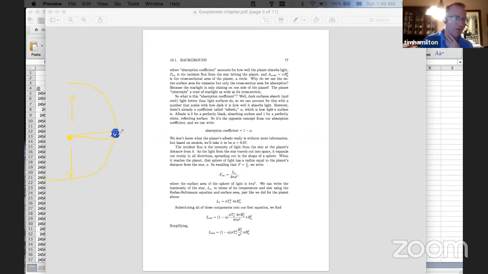We divide the cross-sectional area of the planet by the surface area of this giant sphere, and that's the fraction of the starlight which reaches the planet. Okay, I'm going to erase that.